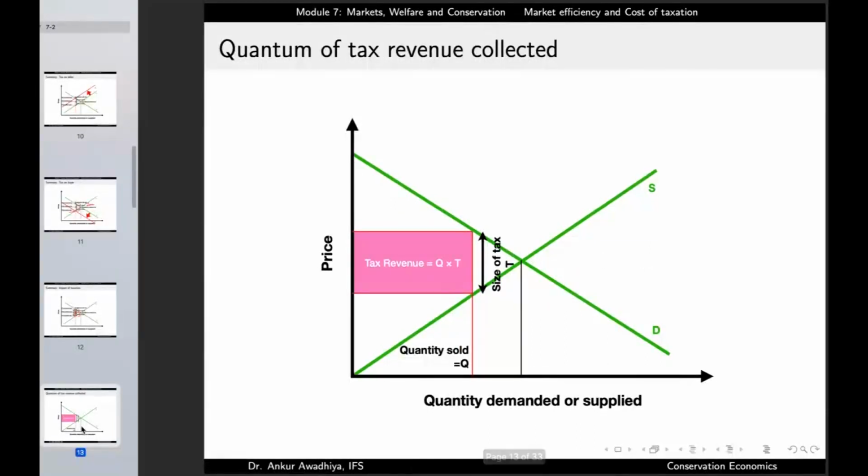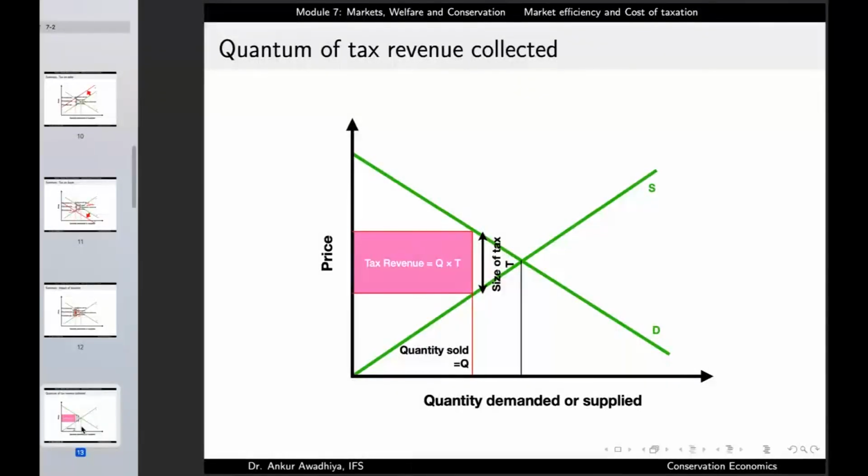Now in this situation, when the size of the tax is T, we can compute the tax revenue. So what is the total amount of money that the government gets by imposing this tax? That is known as the tax revenue. The tax revenue is given by the size of the tax multiplied by the quantity that is sold after the tax.